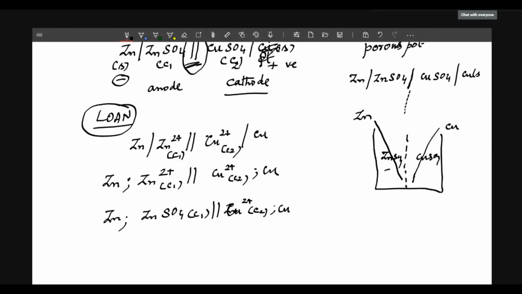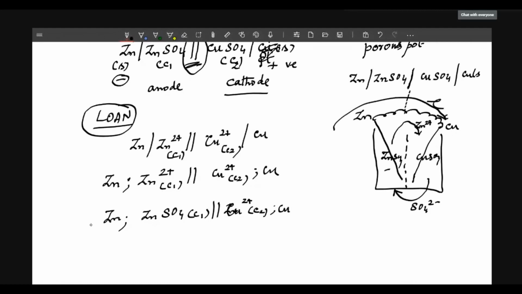The two electrolytes are kept separate from each other by the porous pot. Whenever electricity is passed and electrons move, the circuit is completed, and the sulfate ion moves from this compartment to this compartment, and zinc 2+ from this to this.